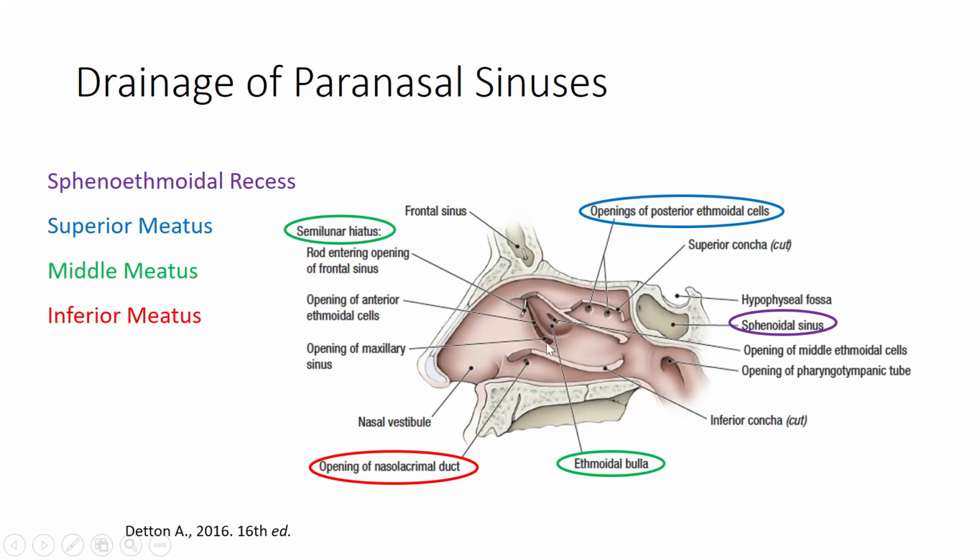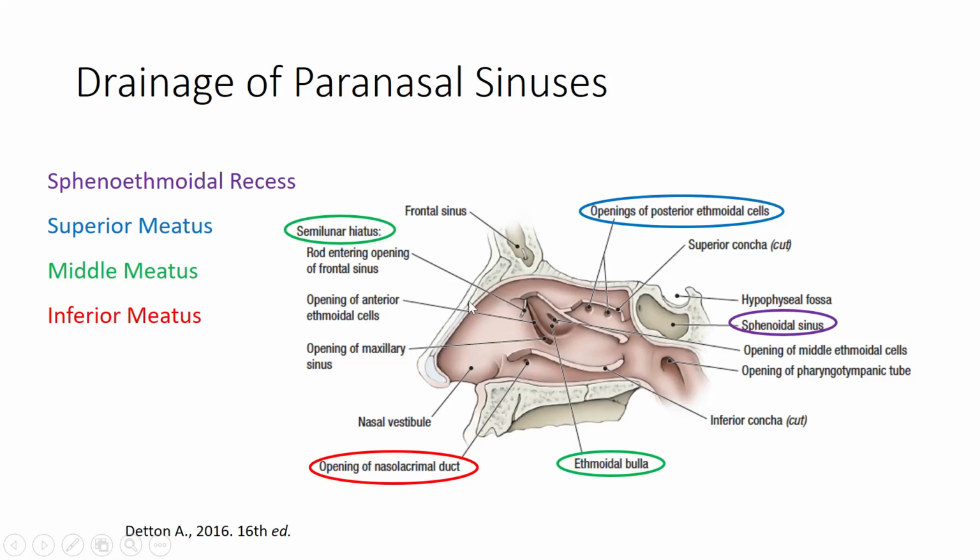And also we find this ethmoidal bulla, which is an elevation located superior to this semilunar hiatus, and where the middle ethmoidal air cells will open.